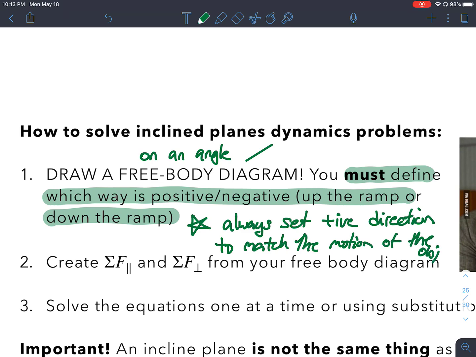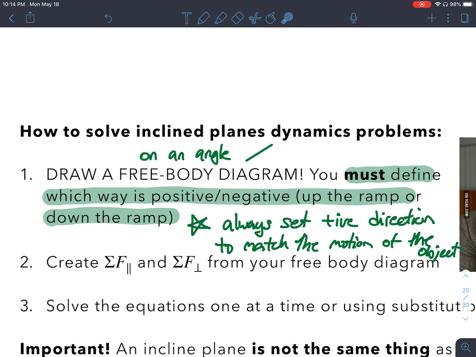If the object goes up the ramp, you set up to be positive. If the object moves down the ramp, you set down to be positive. If you're unsure, take your best guess, and the math will tell you with either a positive or negative acceleration.